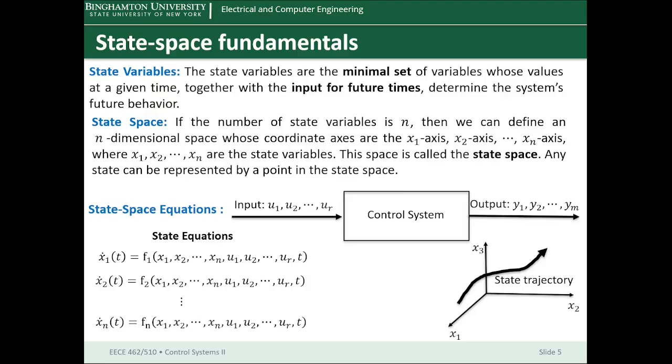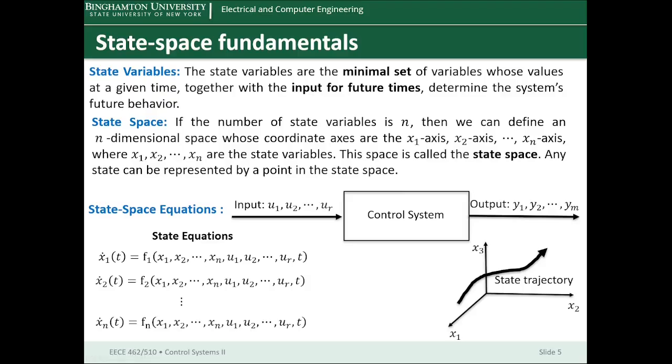When we discuss dynamics, we discuss the evolution of the system. This evolution is related to the derivatives of the state variables. Then, as you can see, in the state space we have a first order differential equation for each state, as state equations.